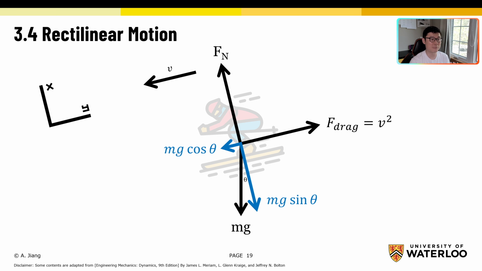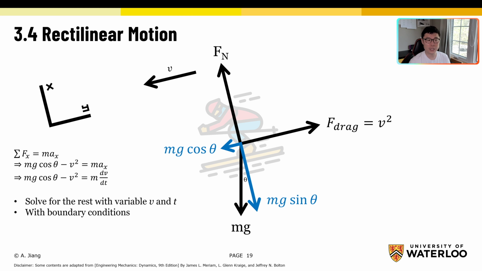I only need to do this for one force. Then in the x direction, we can apply F equals ma to calculate acceleration, and velocity if we take integrals of it. Generally, once we have the free body diagram and equation, we will just solve the rest using whatever mathematical skills are needed, plus the boundary conditions provided in the question.